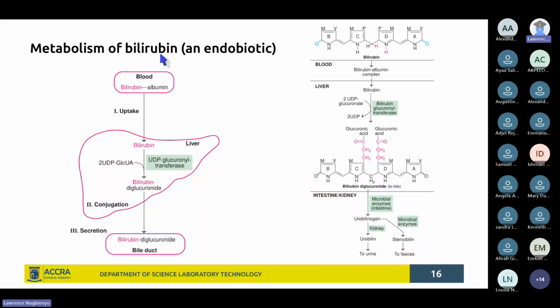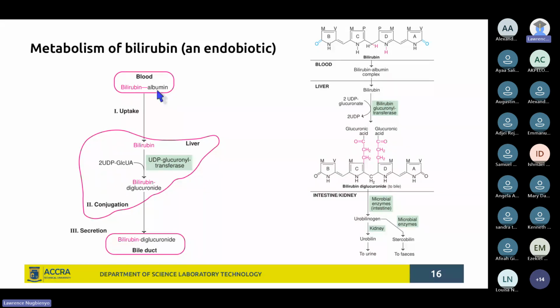through recycling, or even in cases of anemia, you can have red blood cells break down, and the heme in these red blood cells, when they break down, produce bilirubin.